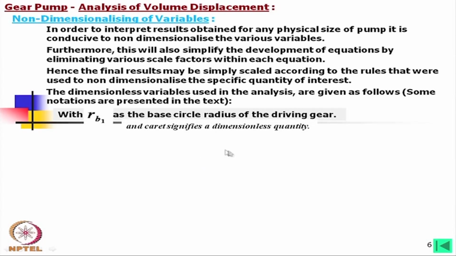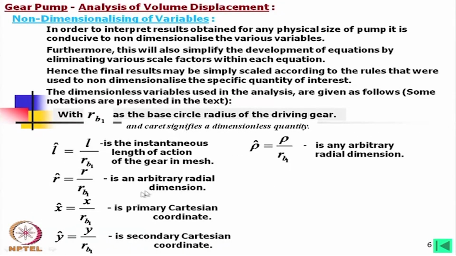Now, another piece of information: we have used a caret to denote the dimensionless quantities. L is actually the instantaneous length of action of the gear in mesh.